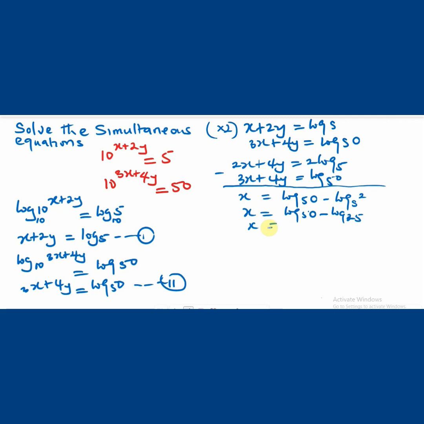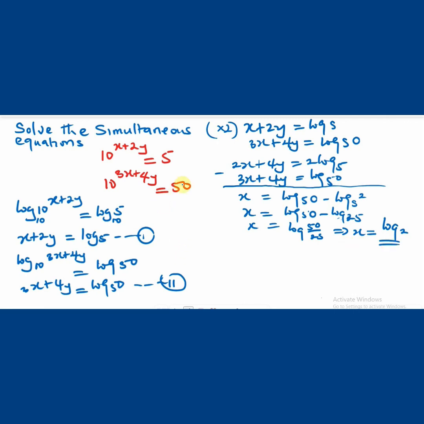That is the second law. Because the logarithm here is in base 10, I'm going to take the base and divide the powers because of this minus sign. So this is going to be 50 over 25. And x is equal to log of 50 over 25, which is 2. So I have here x is equal to log 2.